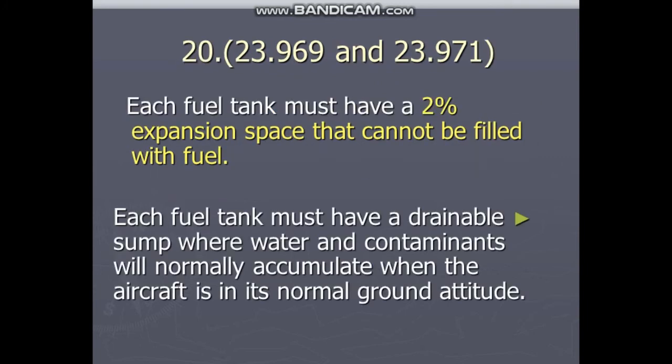Number 20. Each fuel tank must have a 2% expansion space that cannot be filled with fuel. Each fuel tank must have a drainable sump where water and contaminants will normally accumulate when the aircraft is in its normal ground attitude.